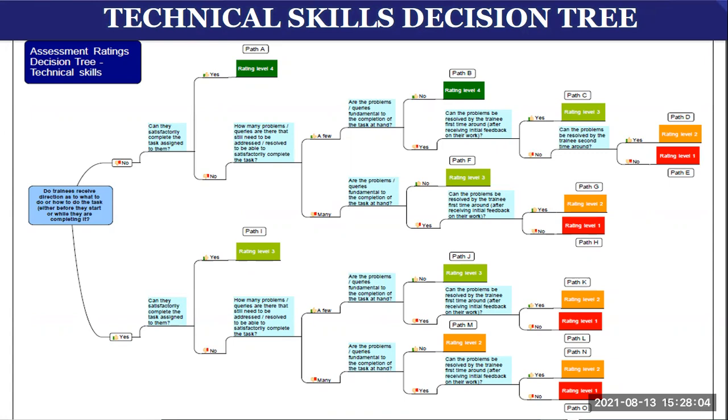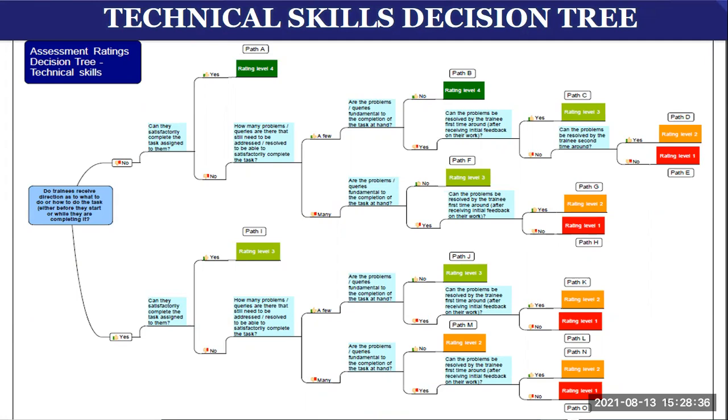You can select either yes or no, and if you select yes, the next question would be, did the trainee satisfactorily complete the task assigned to them? Once you answer yes to this question, you will get a rating level of 3. That is, you are able to do the task with minimal supervision, right? But if you answer no, it would raise another question.